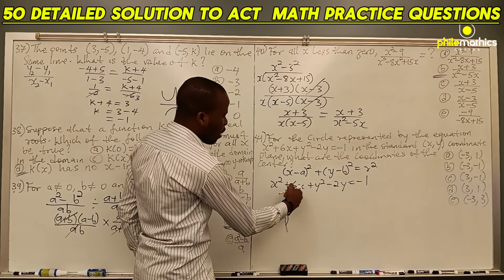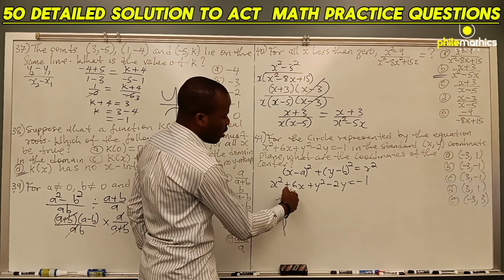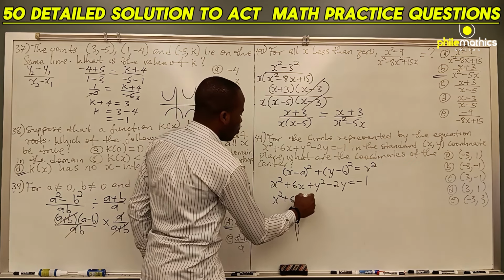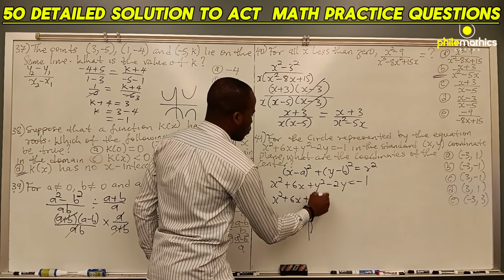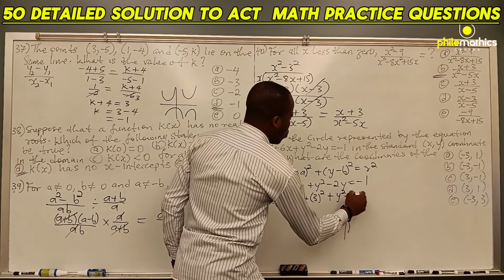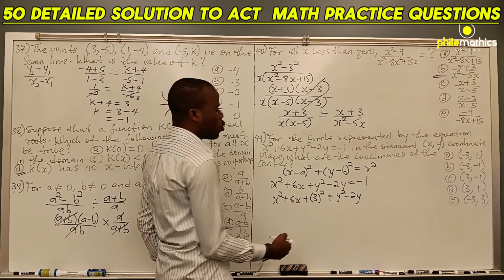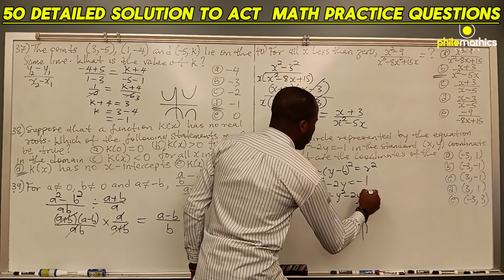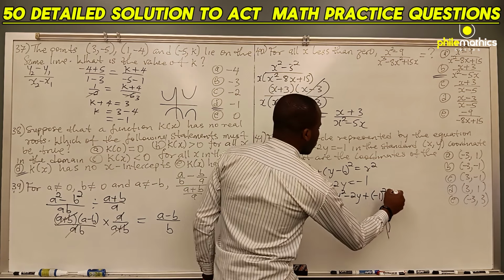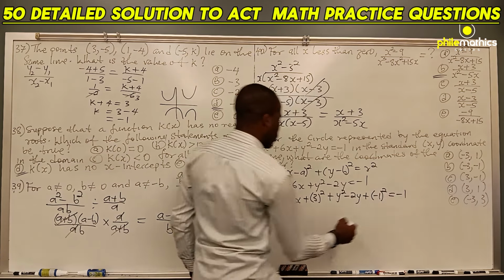If we do that, half the coefficient of this is 3. If we square it, we have x squared plus 6x plus 3 all squared. This is y squared minus 2y. Half of this is minus 1, all squared, equals minus 1.